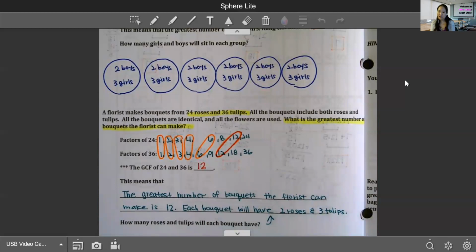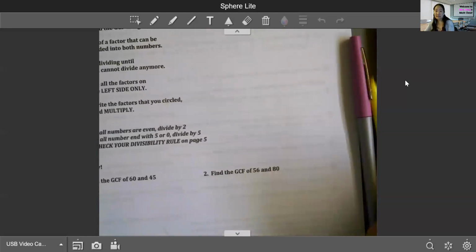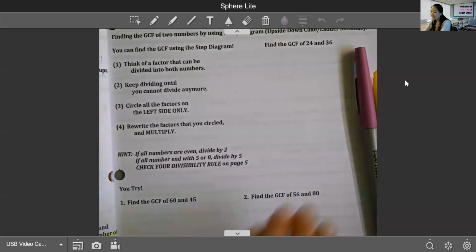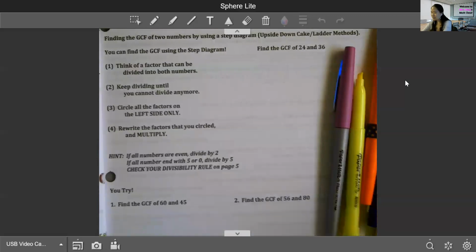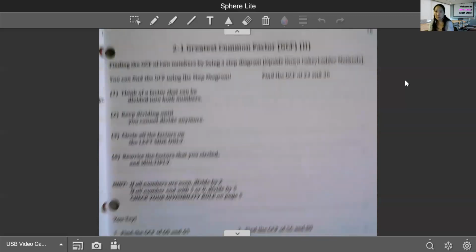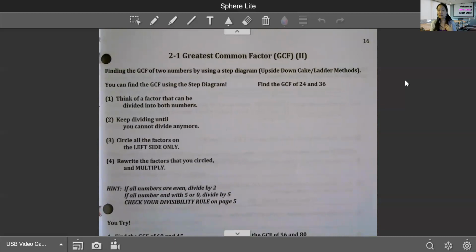And on the next page, I am going to give you a strategy on how to find the greatest common factor. But this is the way you're going to show work for all the problems involving finding the greatest common factor, unless told otherwise. And I want to let you know that once you get used to this, our lesson on least common multiple is going to be a piece of cake, okay?